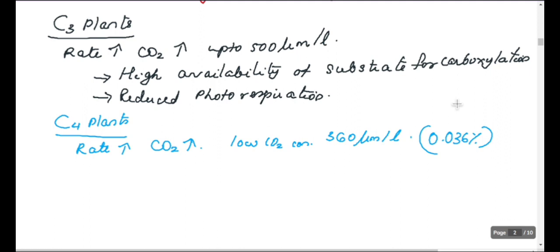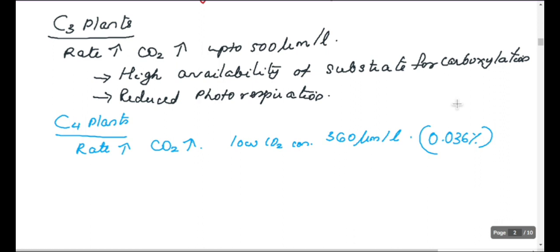And also whenever carbon dioxide is in plenty, Rubisco will prefer carbon dioxide, or carboxylation. So photorespiration is reduced. Because of these two reasons, C3 plants show a high rate of photosynthesis at 500 millimole per liter of carbon dioxide concentration.